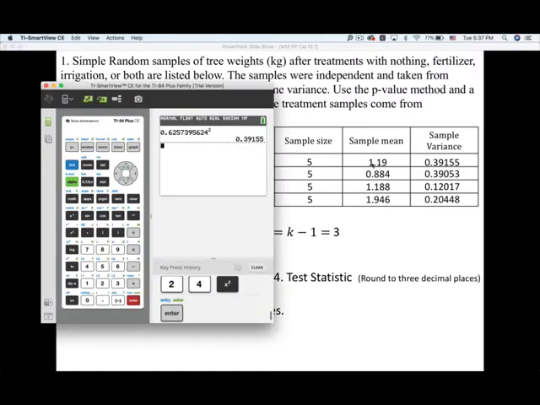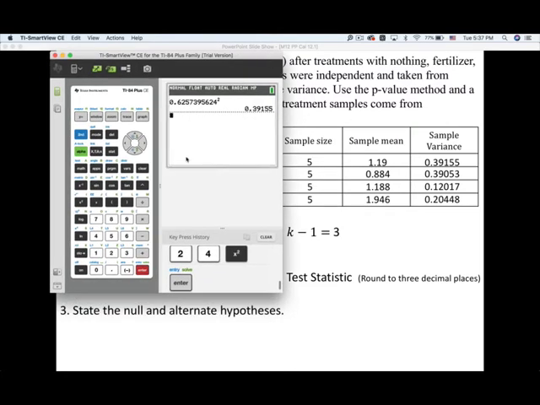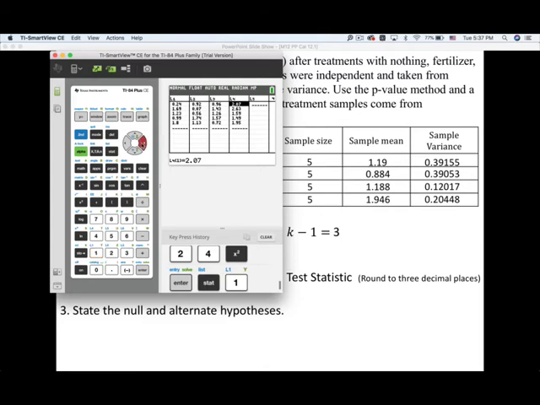Okay, now I want to find out my variance of the sample mean. So I'm gonna click on the stat, number 1 added. This time I'm gonna go to L5. And then I'm gonna plug in the sample variance on my L6 also.